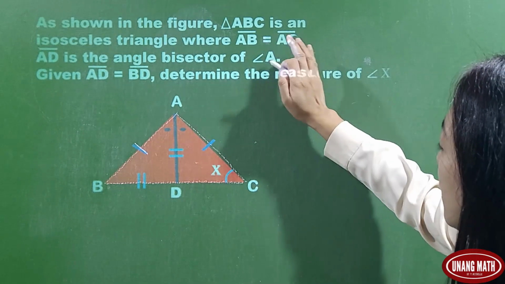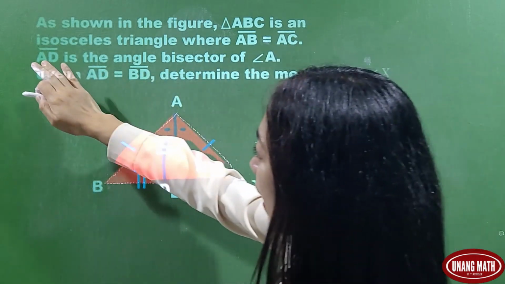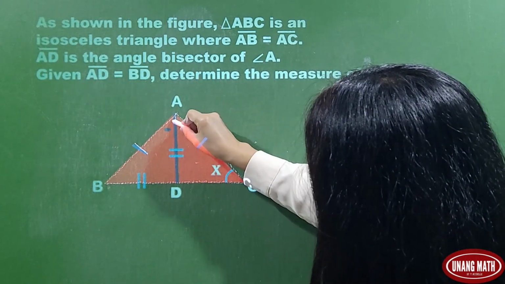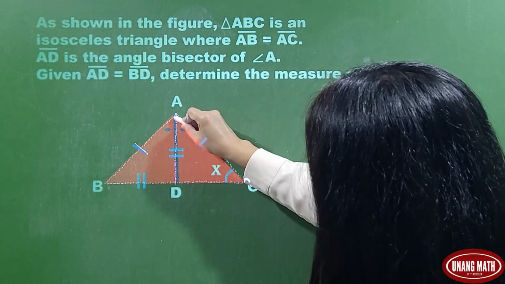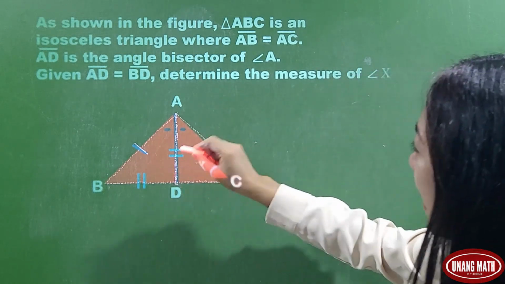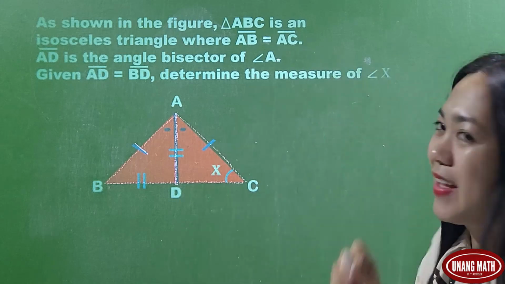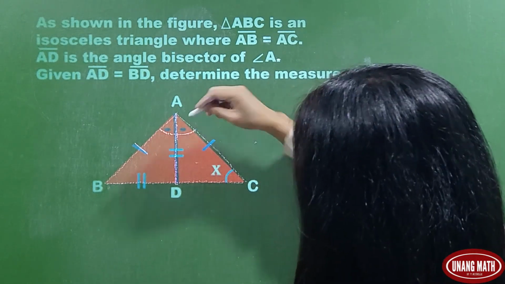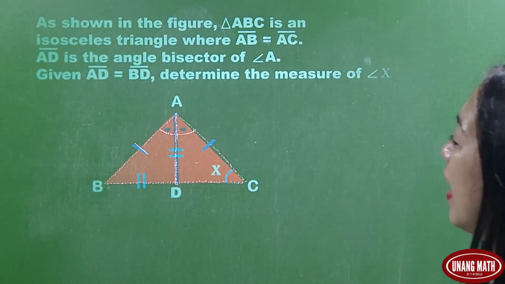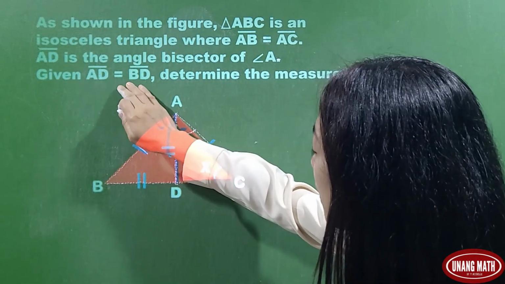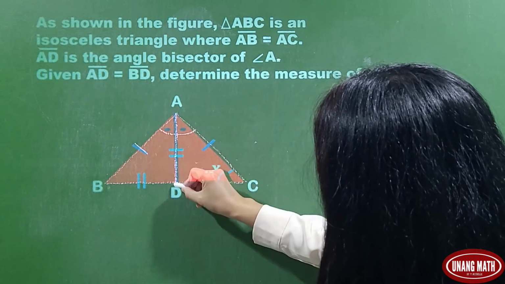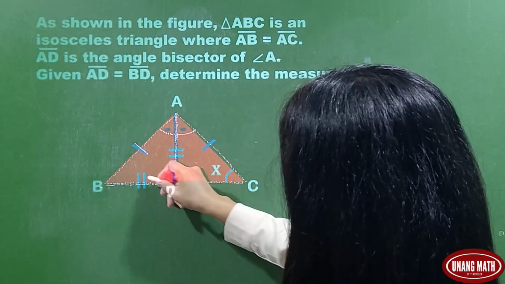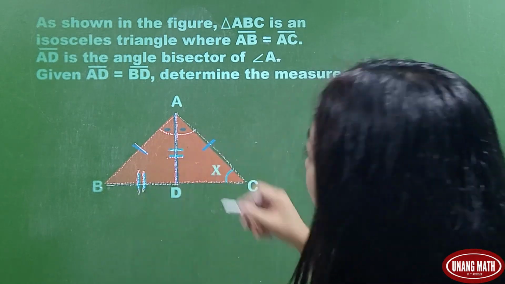AD is the angle bisector of angle A. So where is segment AD? This line is the angle bisector of angle A, so this angle is equal to this angle. Given that segment AD is equal to BD, these segments are equal in measure.